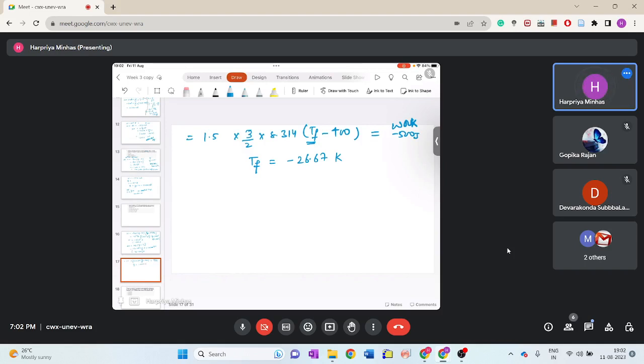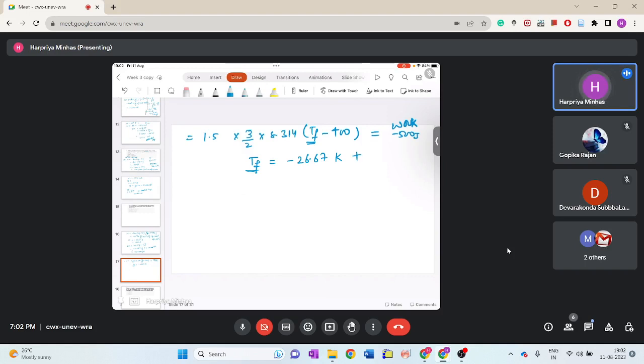But our final temperature should be greater, it is changing after the initial. So we have to add the initial temperature to the TF, that is final.